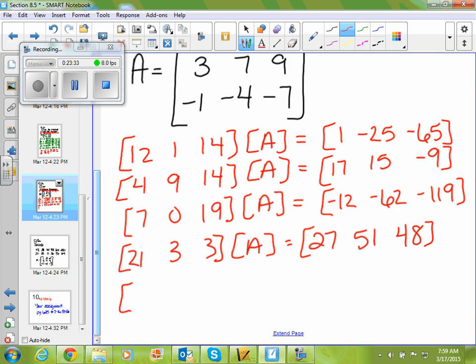If I take my fifth matrix, 5, 19, 19 times matrix A, I end up with 43, 67, 48.